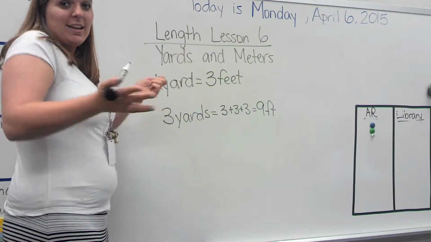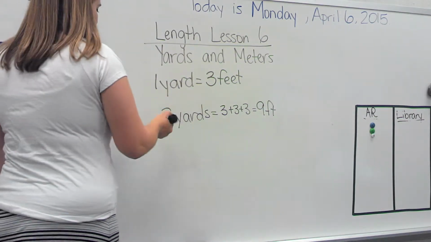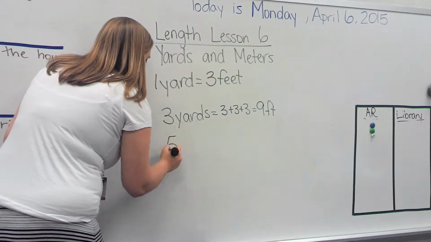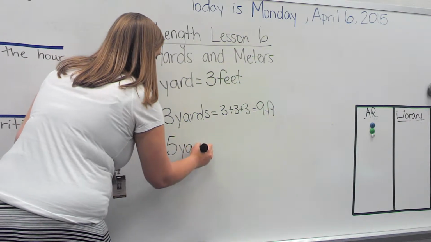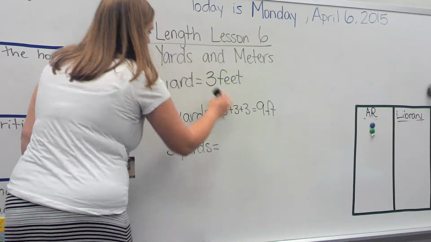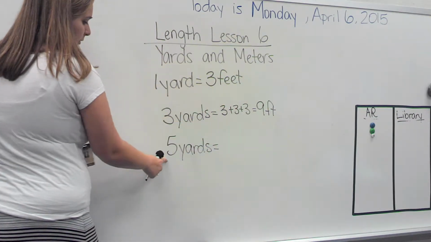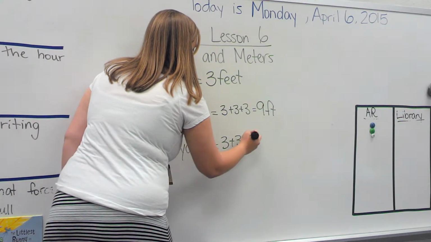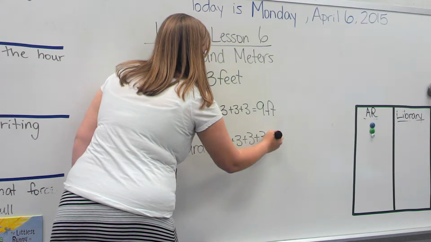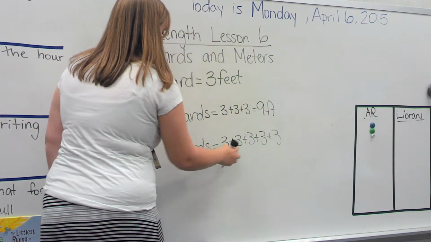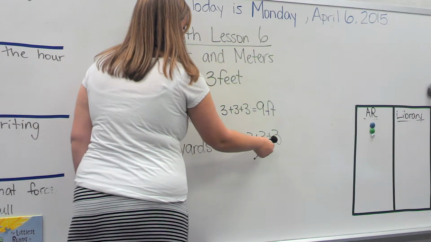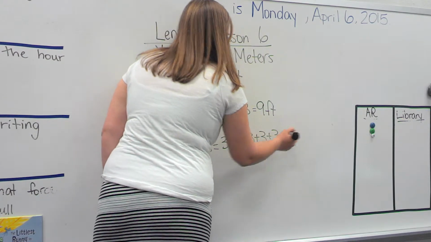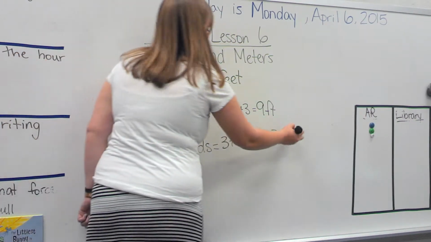Simple as that, just like when we were doing our inches. Again, if I had 5 yards this time, I'm adding my 3 feet 5 times: 3 plus 3 plus 3 plus 3 plus 3. 3, 6, 9, 12, 15. So 5 yards is equal to 15 feet.